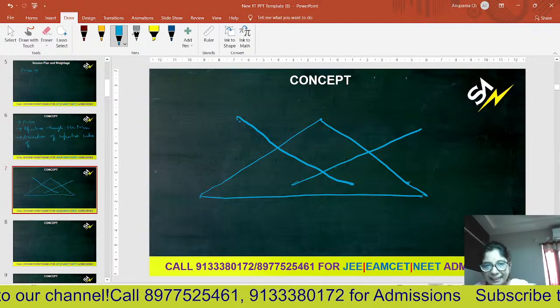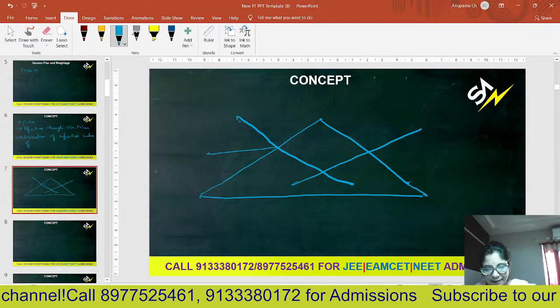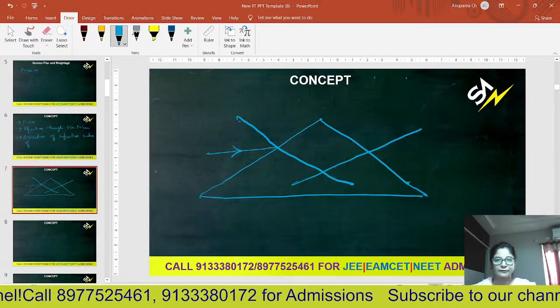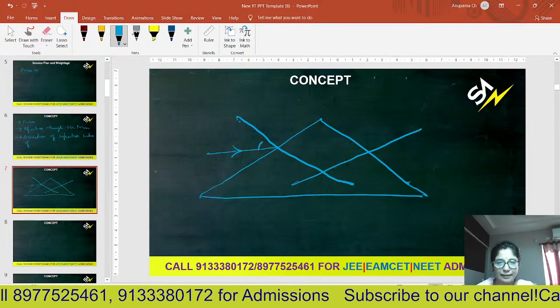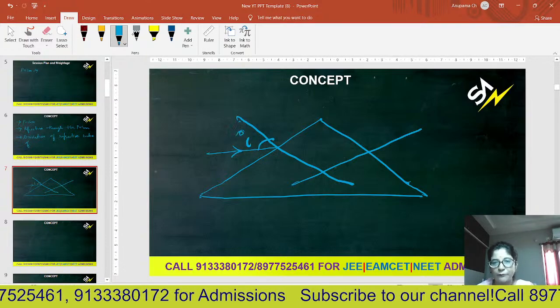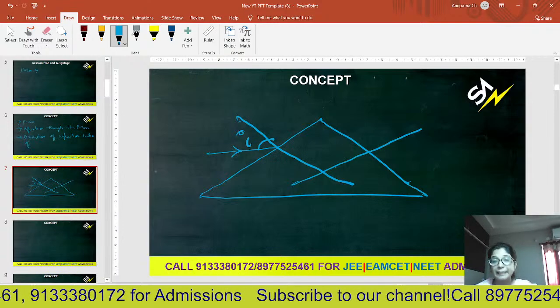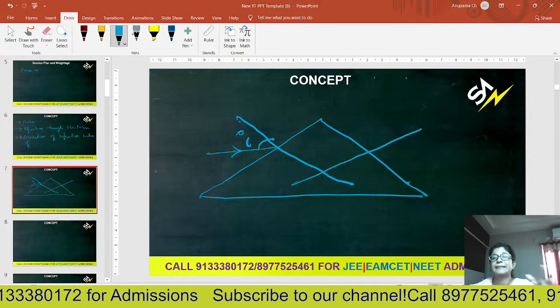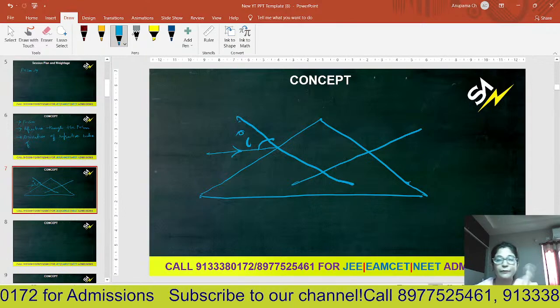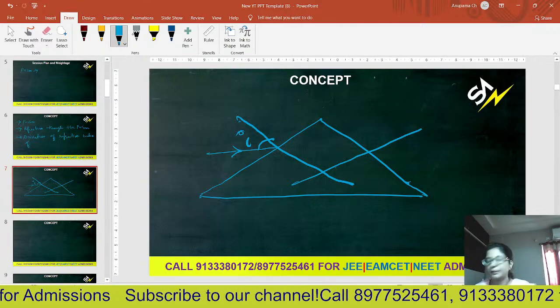Now, whenever a light ray falls on the normal, this is what you call the angle of incidence, right? But here this light ray is traveling from the rarer medium, from air, to the denser medium.